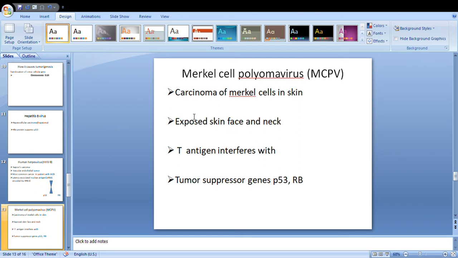One of the antigens present in the Merkel cell polyomavirus is the T antigen that interferes with the tumor suppressor genes. Likewise, the previous virus, this is the pathway by which it causes neoplastic growth.